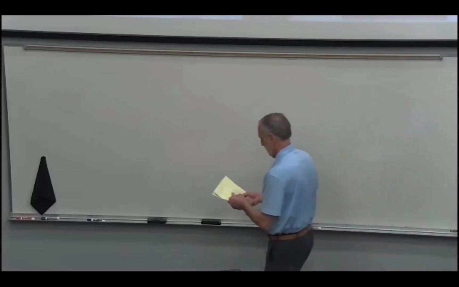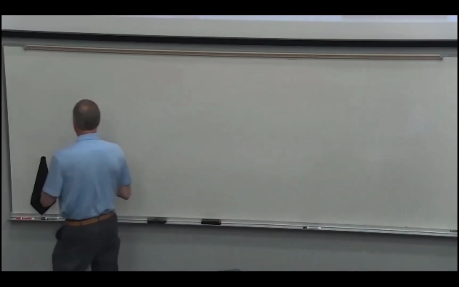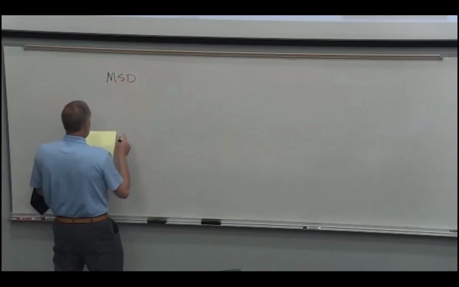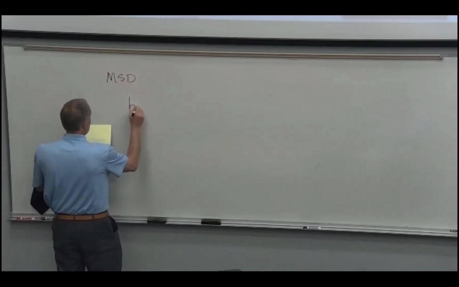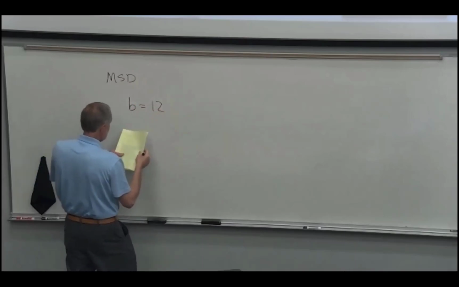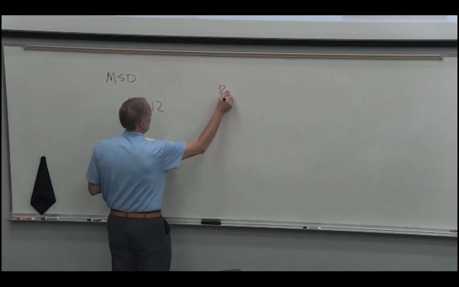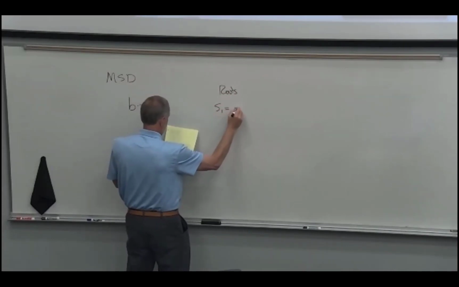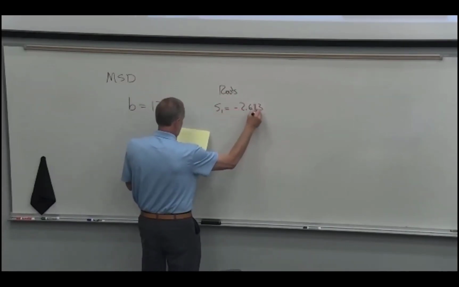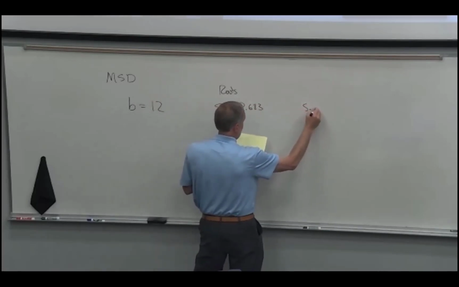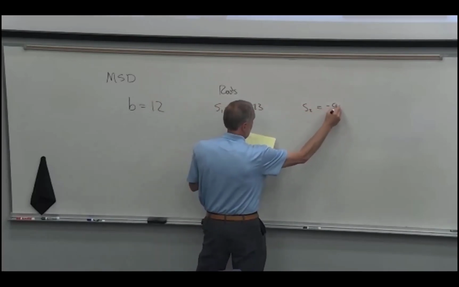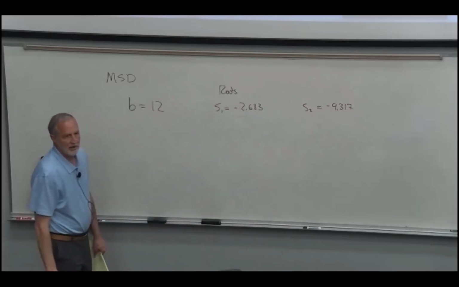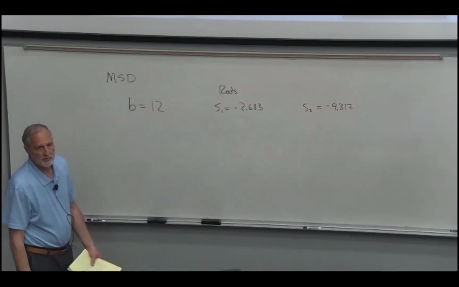Okay, so we were looking at the mass damper system. And originally the damping was 12 and K was 25, and we got these roots. And we look at them and we say they're real and they're negative, so it's stable and non-oscillatory.